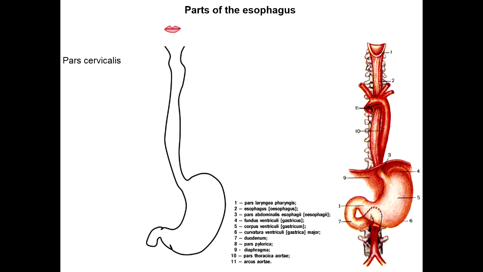So, the first part is pars cervicalis. Pars cervicalis is situated at the level of the 6th cervical to 2nd thoracic vertebrae.